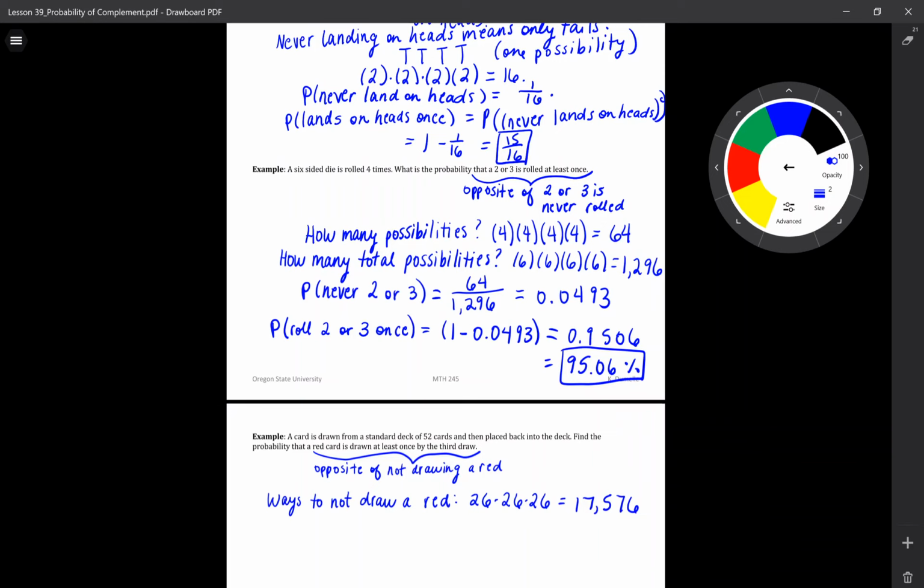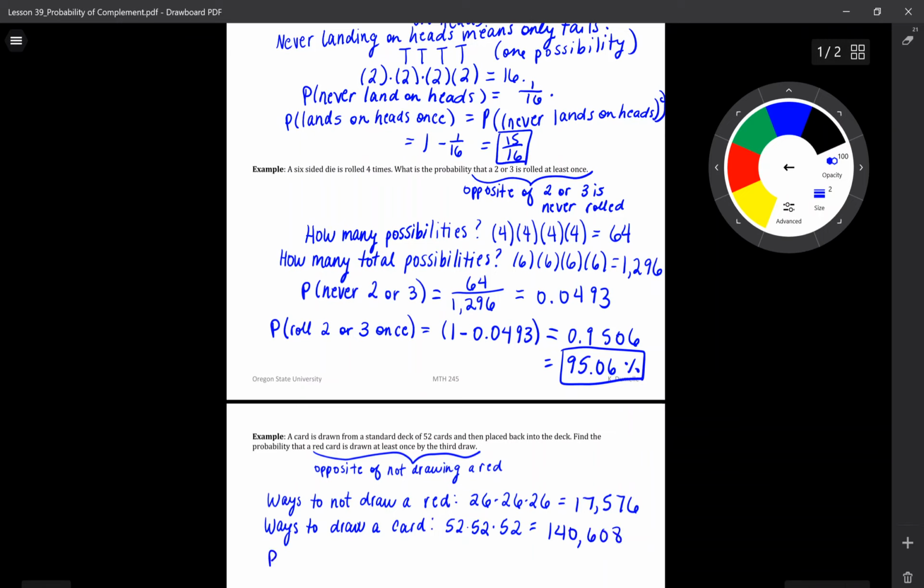How many ways are there to draw a card? Well, there are 52 ways to draw a card the first time, 52 for the second time, and 52 for the third time. And this is 140,608.